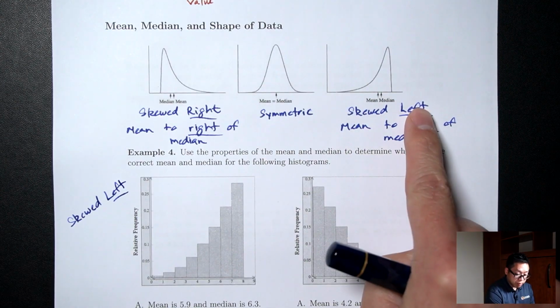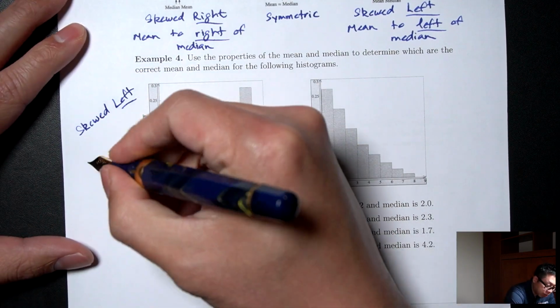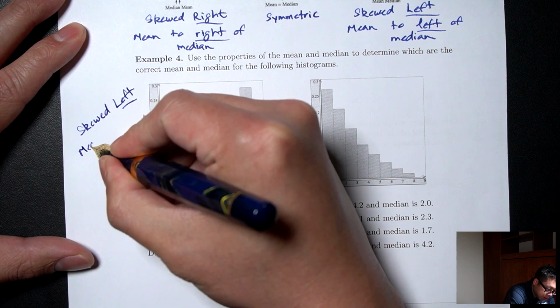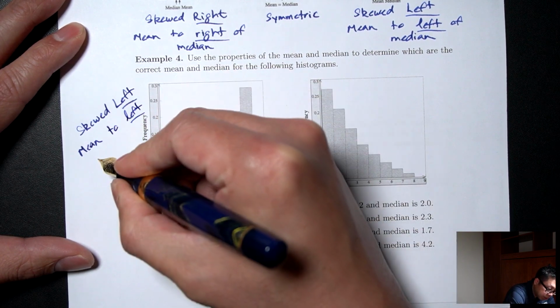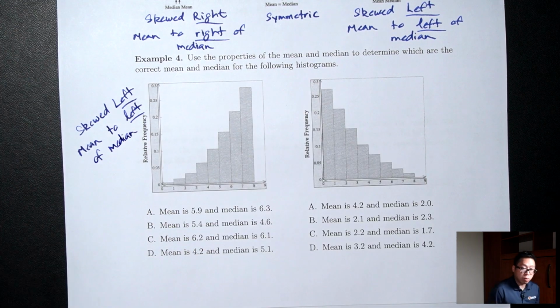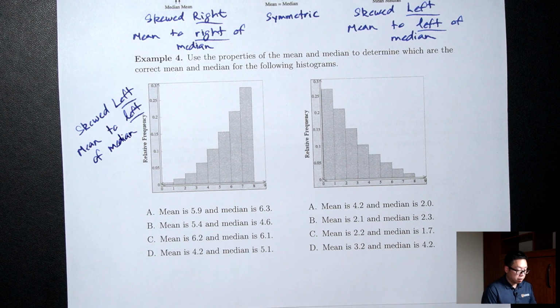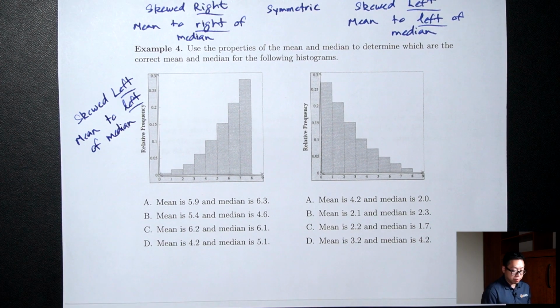If it's skewed left, the mean should be to the left of the median. In other words, to the left meaning it should be less. So I'm expecting the mean to be less than the median. That should allow you to eliminate 2 of these choices.